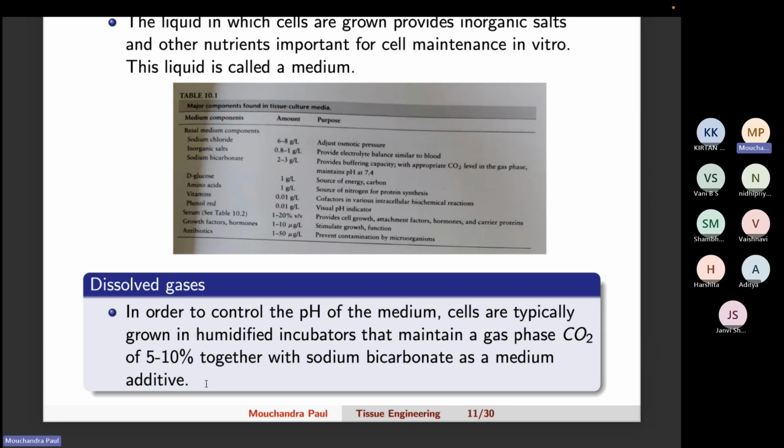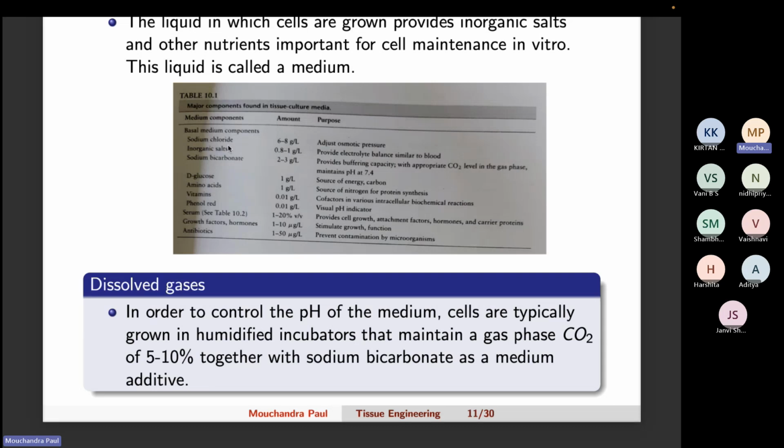So you have added your cells in a vessel, and then we place it in a humidified CO2 incubator. That means there should be some moisture inside the incubator, as well as continuous flow of CO2. Usually we maintain it at 5%, but people also keep it at 10%.